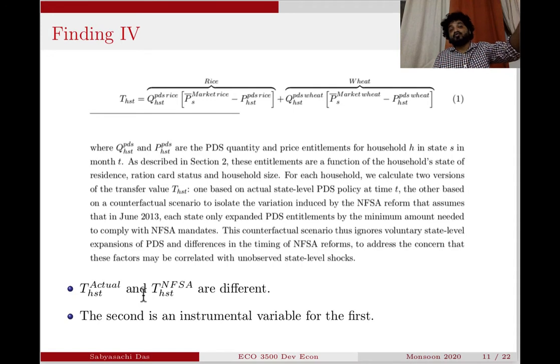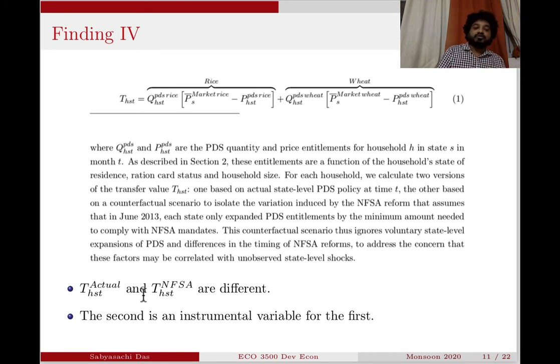The states that choose to go beyond the stipulated amount, that also is endogenous, right? That's endogenous again to state-specific unobservable factors that can affect labor market outcomes. So the actual value of the transfer as a function of time is endogenous.